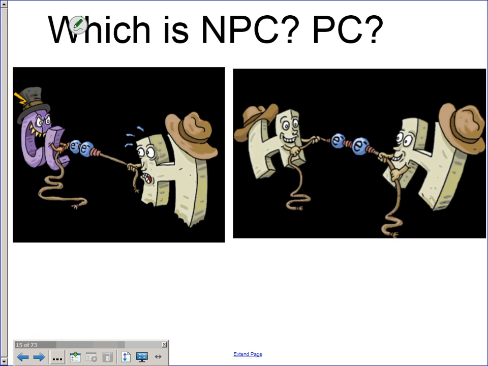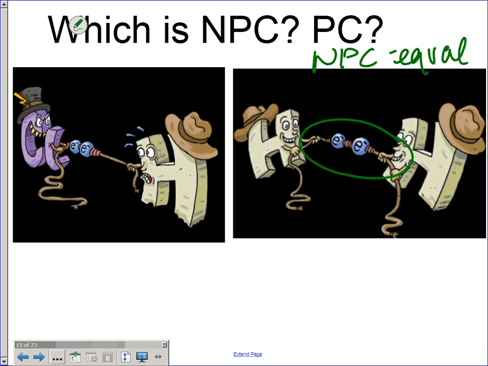So look at my 2 examples up here. I've got chlorine and hydrogen here, and hydrogen and hydrogen here. Which one looks like it's equally sharing electrons? Hydrogen, hydrogen. So would you call this one polar covalent or non-polar covalent? Non-polar covalent, because we have equal sharing.